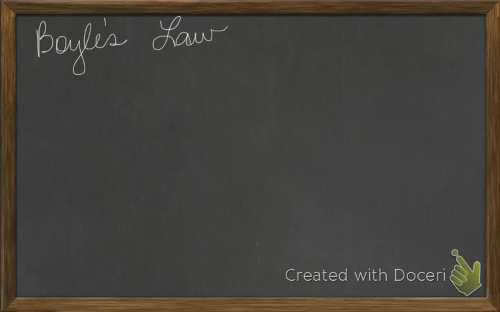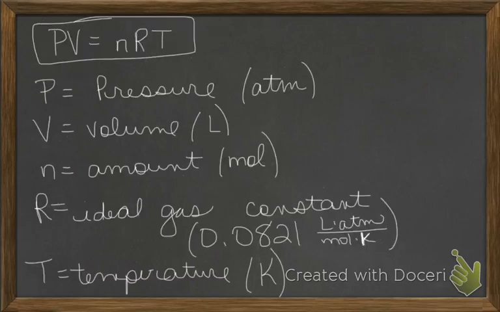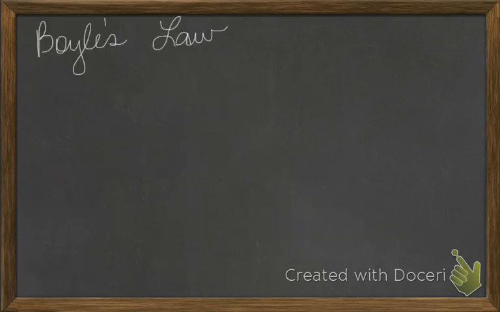We've got P, V, n, and T, right, over here in our ideal gas equation. And what each gas law does is just takes two of those variables. It holds the other two constant, okay, and it takes two of those and looks at how changing one affects the other. For example, for Boyle's law, it compares pressure and volume.